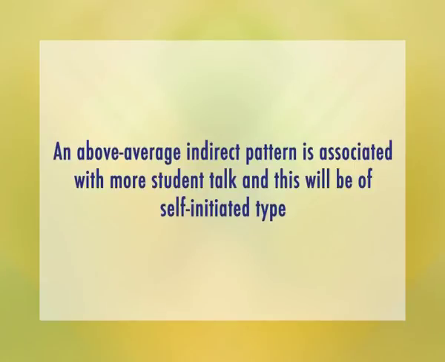An above average indirect pattern is associated with more student talk, and this will be of self-initiated type. The purpose of category 10 is to record pauses, silences, or periods of confusion, that is, an environment in which neither teacher nor student is showing any communication.